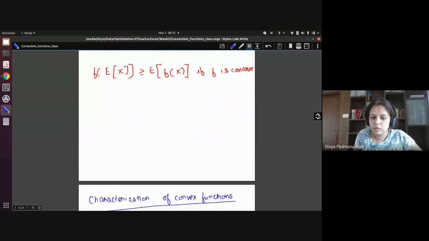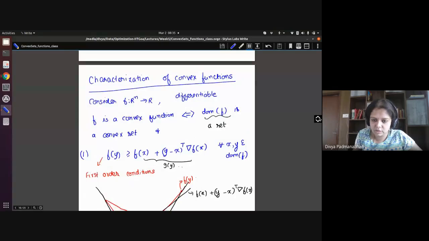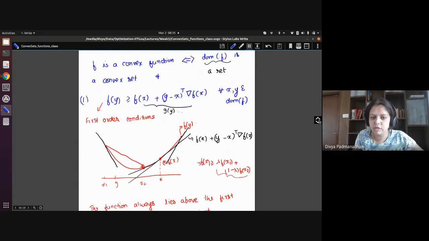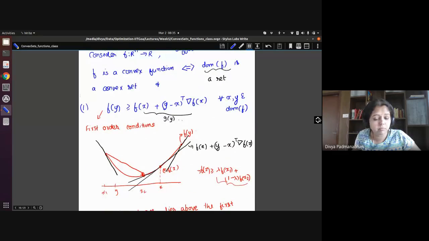And we were looking at some characterizations of convex functions. One was a first order condition. These are some ways you can check whether convexity actually holds for a given function. We saw the first order condition, and we said that the function always lies above the first order Taylor series approximation.